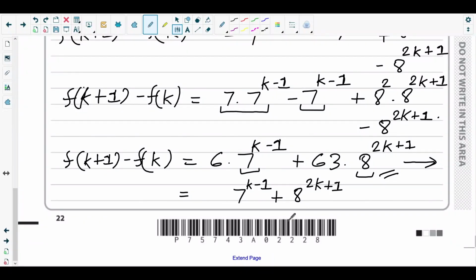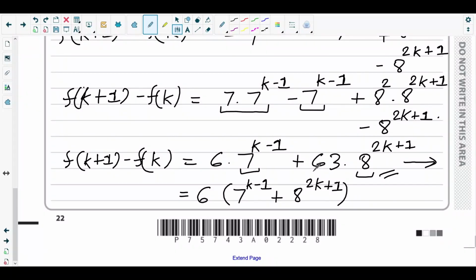Okay, so if we have 7 to the power k minus 1 plus 8 to the power 2k plus 1, we can make it a multiple of something. Look, if we take 6 times that, 6 times 7 times 7 to the power k minus 1, plus 6 times 8 to the power 2k plus 1.